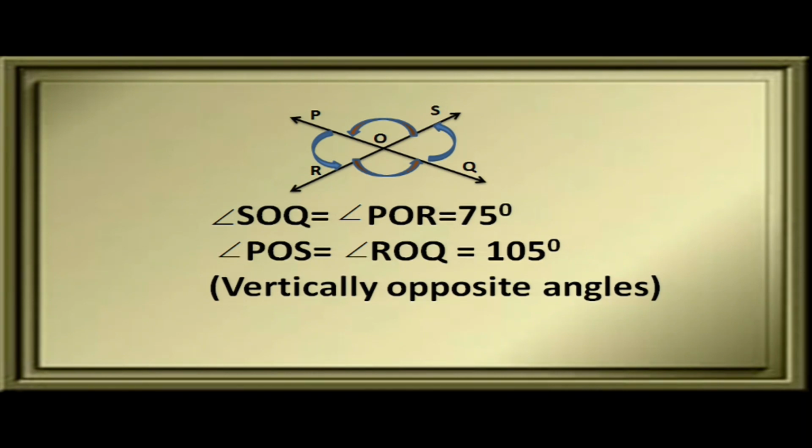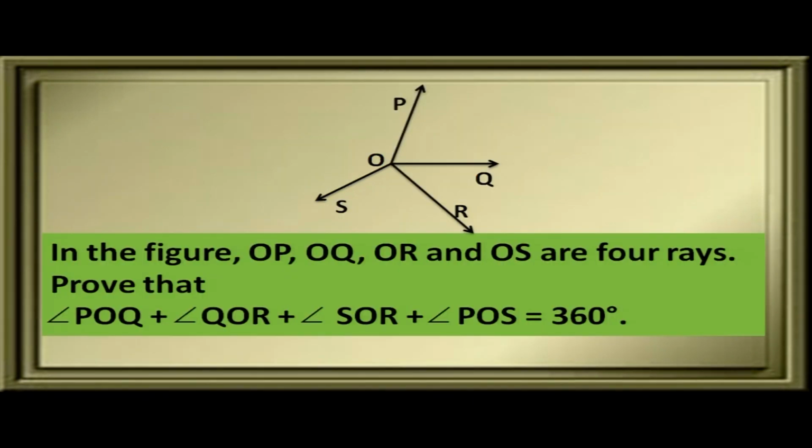The reason is the same, that is vertically opposite angles. In this way, by using the theorem that vertically opposite angles are equal, we can solve this example. Now let's see another problem.